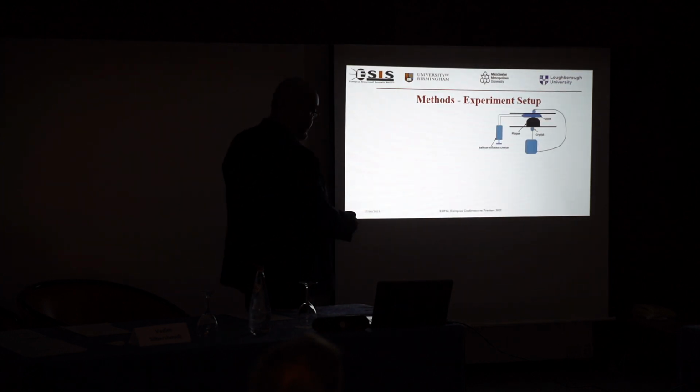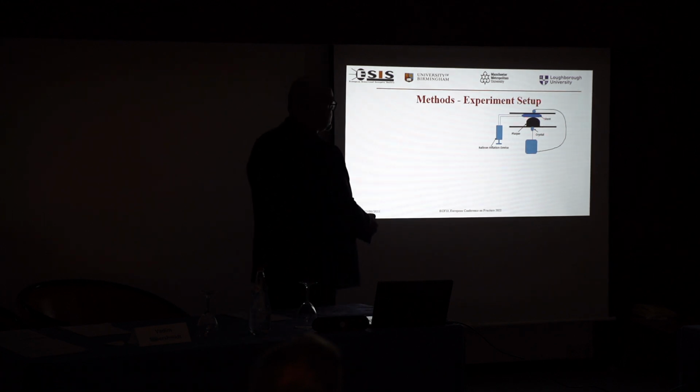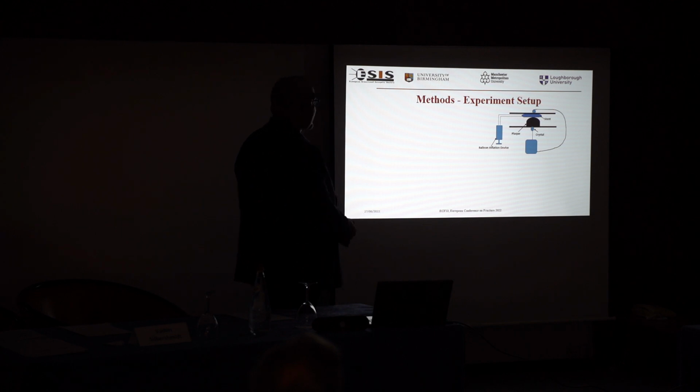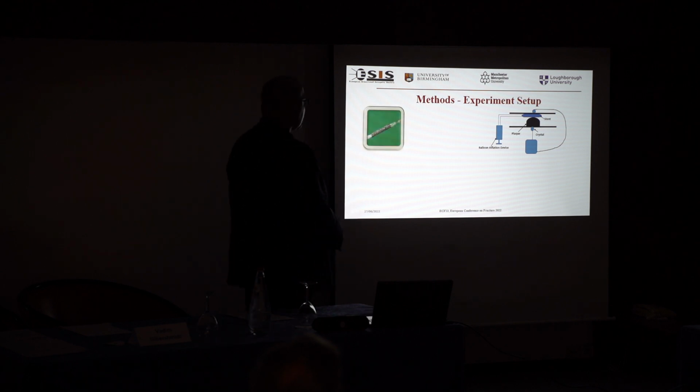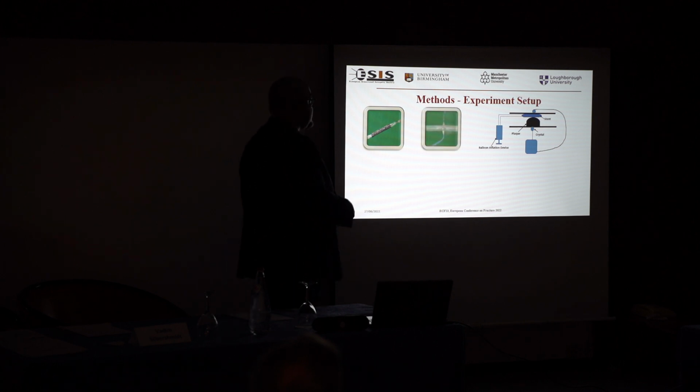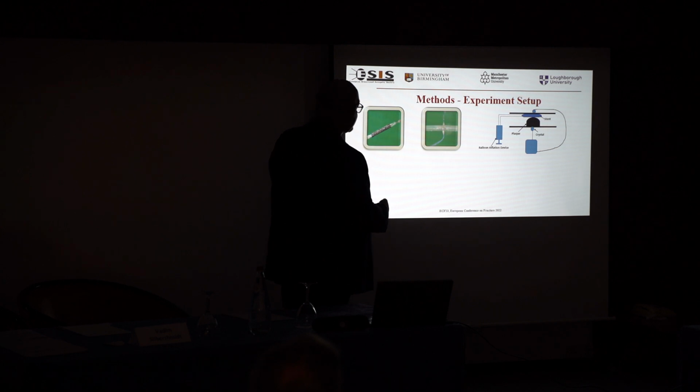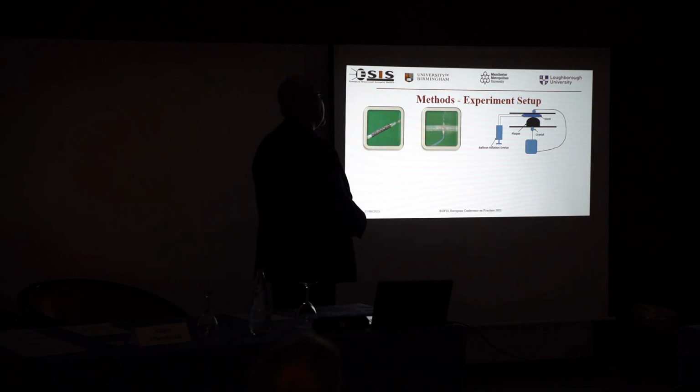This is the experiment setup: stent, crystal to measure the change of diameter, plaque, and the balloon inflation device to exert pressure. This is the stent with the balloon, and here is the stent with the plaque and the crystal to monitor the change of diameter.